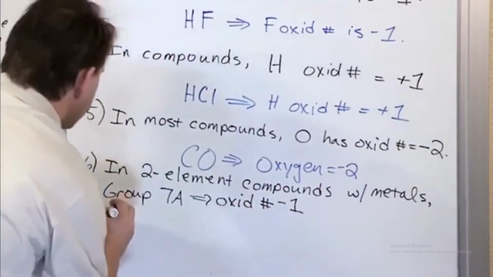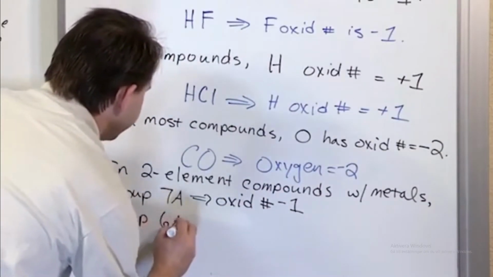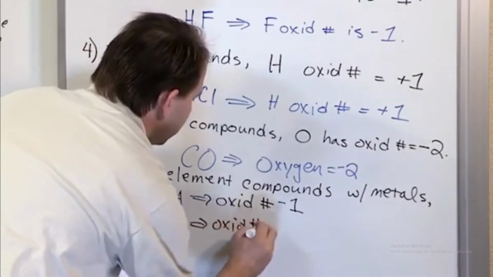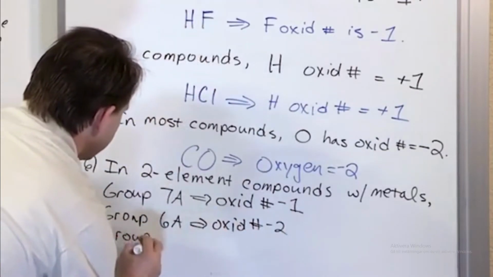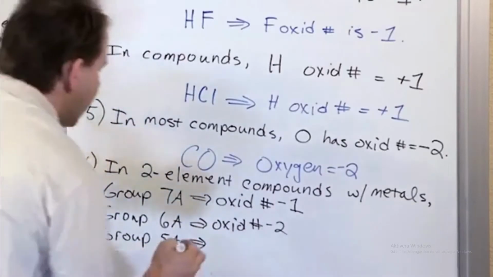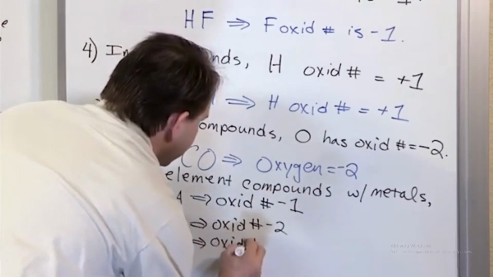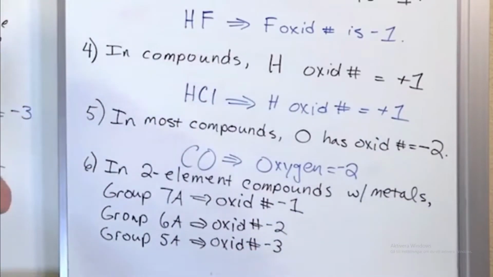Okay. Group 6A elements have an oxidation number of -2, and group 5A elements have an oxidation number of -3. So let me give you an example, okay?